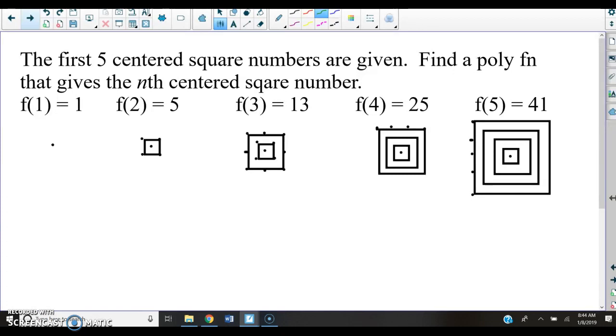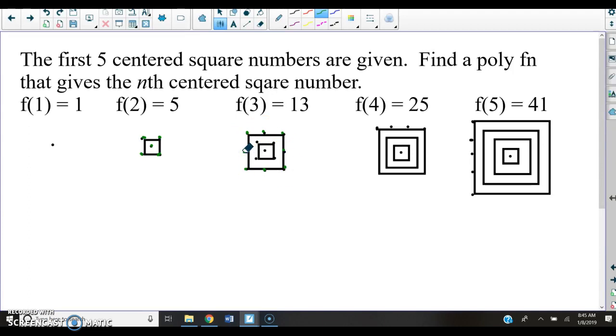The first 5 centered square numbers are given. So here there's no square, you just have the first one is 1. Well, then the second one, you've got 1, and then when you make a square, you're putting 4 dots around, so that's how you get 5. And the third one, you got 5, but then you're putting on 8 more dots.